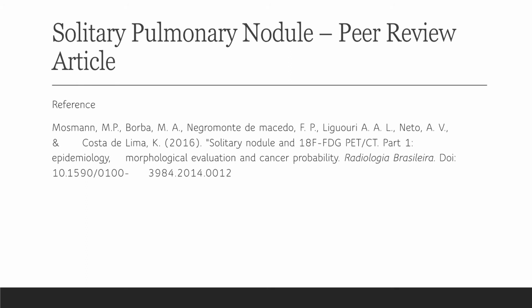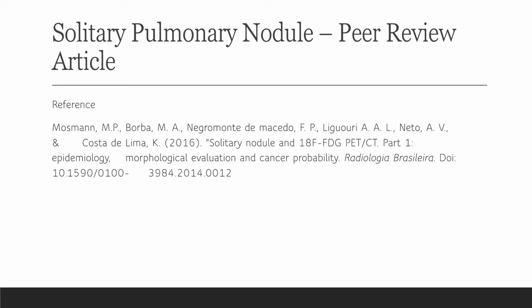So when I looked at their initial report for the PET CT, it was for a solitary pulmonary nodule. So I did do my peer review article on solitary pulmonary nodule. So I'm going to take this slide to just chat about it and talk about certain definitions and whatnot.